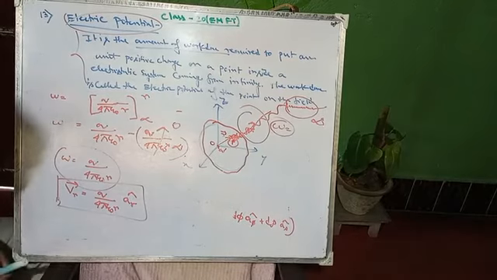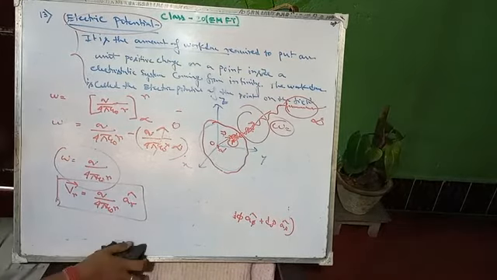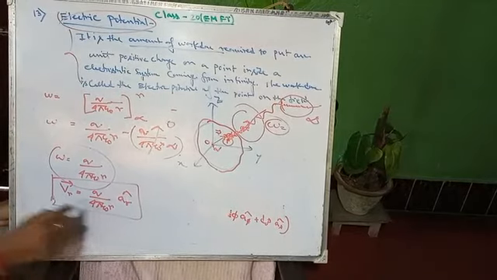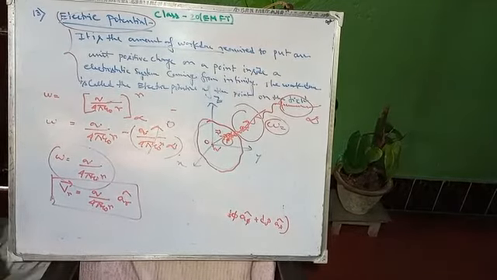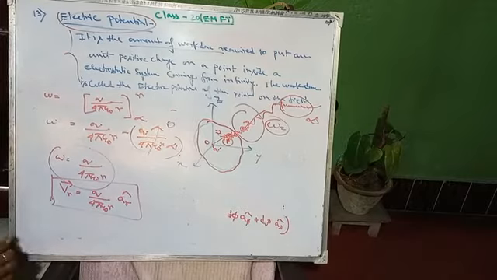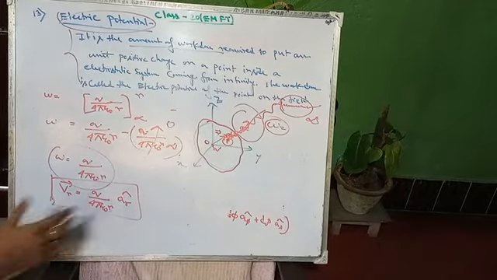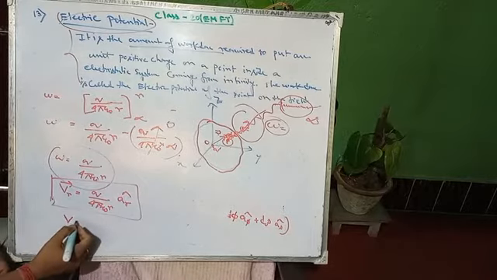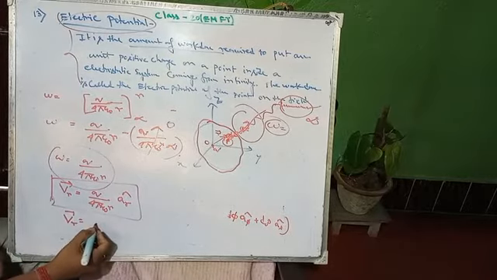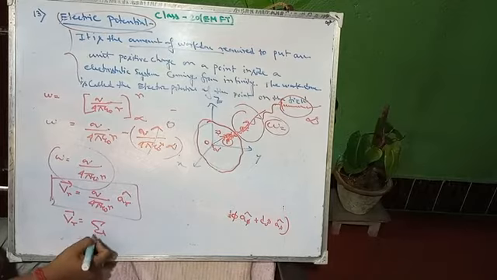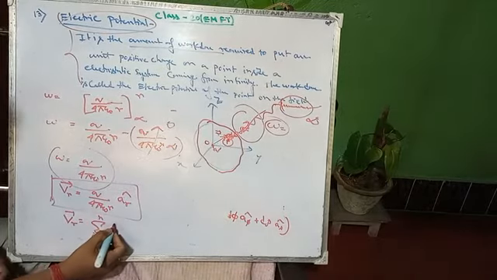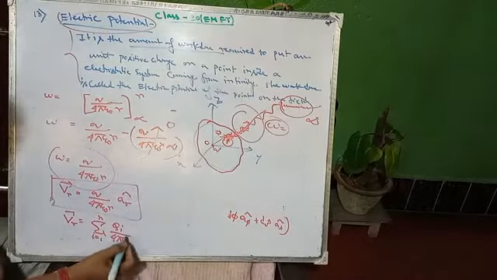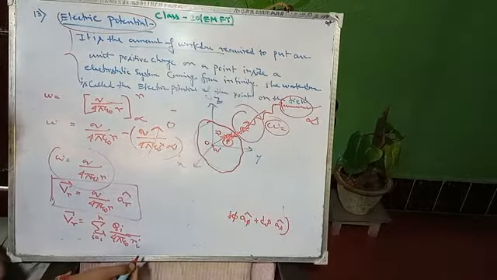Okay, so now if we consider the system consists of n number of charges, then V of r equals to summation of i equals to 1 to n, qi by 4 pi epsilon naught into ri.